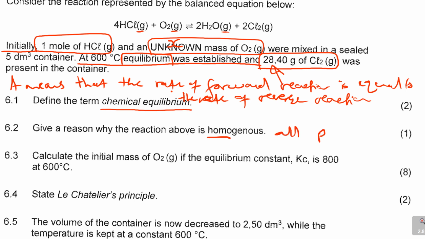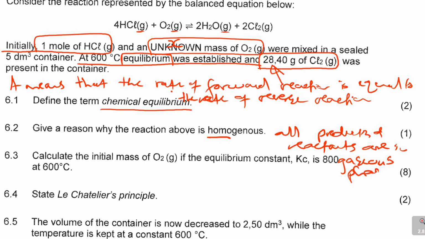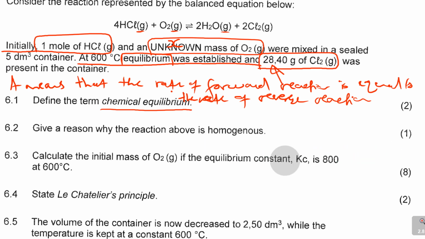All reactants and products are in gas form or gaseous phase. That's what they wanted to say. But the keyword there is that everything in the reaction is in gas. All reactants and products are in gaseous phase.